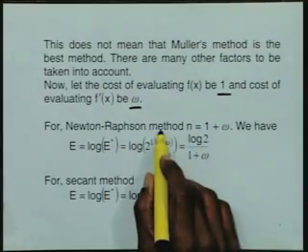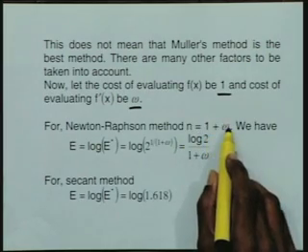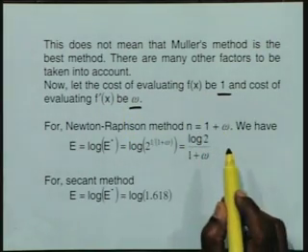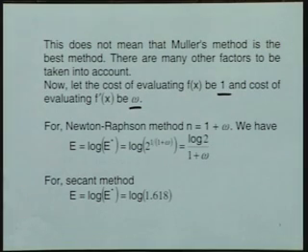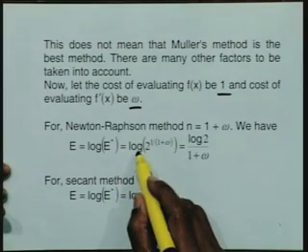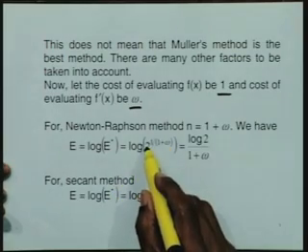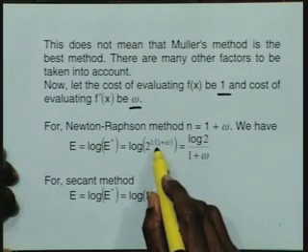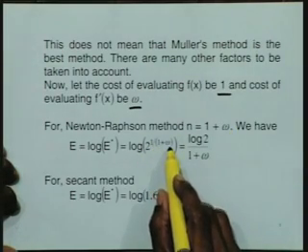For the Newton-Raphson method, n will be equal to 1 plus omega, the total cost, that is evaluation of f x and f prime. Now let us take the logarithm on both sides because it is easier, since the power is now a fraction. If I take the logarithm, we have the logarithm of E star, that is the logarithm of the nth root of 2, where n is 1 plus omega, that is 2 to the power of 1 upon 1 plus omega.